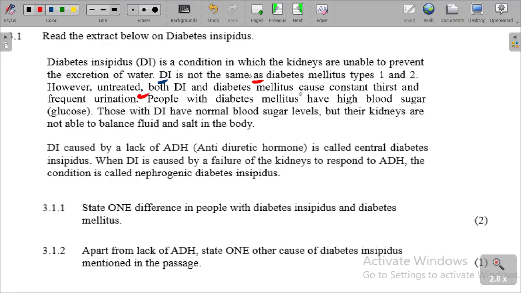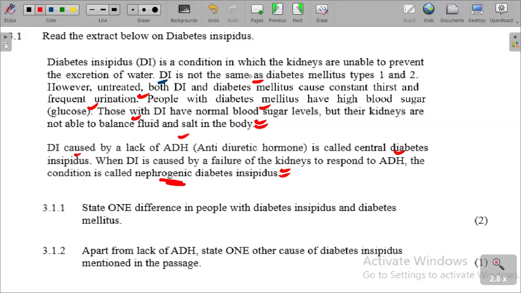People with diabetes mellitus have high blood sugar, glucose. Those with DI have normal blood sugar levels, but their kidneys are not able to balance fluid and salt in the body. DI caused by lack of ADH is called central diabetes insipidus. When DI is caused by failure of the kidney to respond to ADH, antidiuretic hormone, the condition is called nephrogenic diabetes insipidus. You understand? That's what happens there.